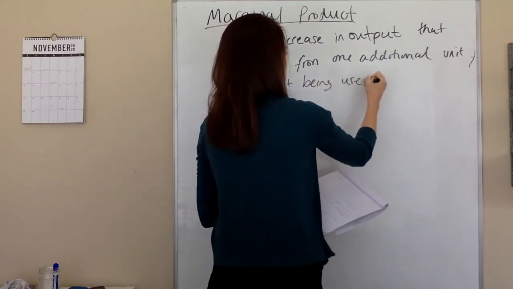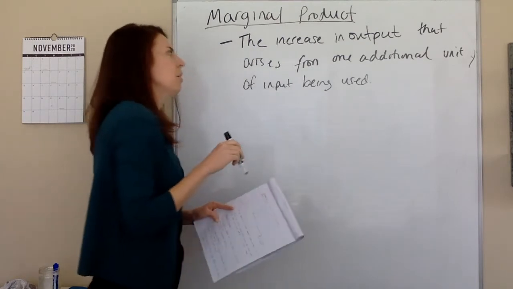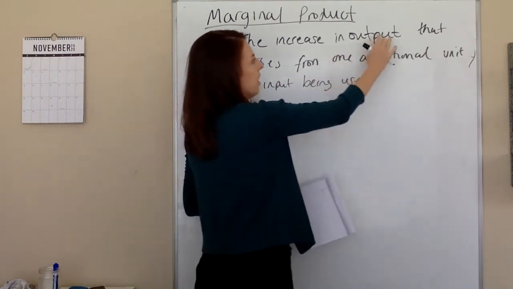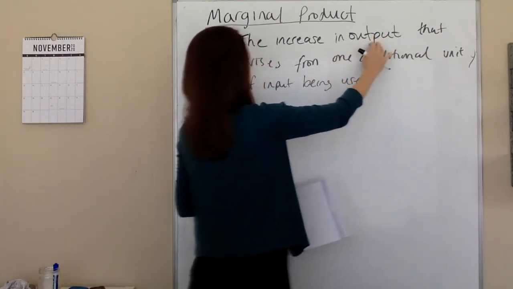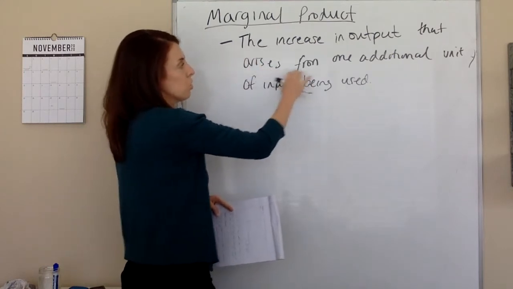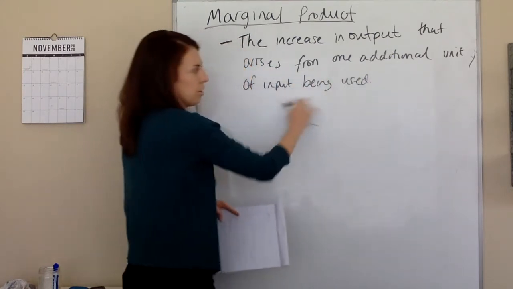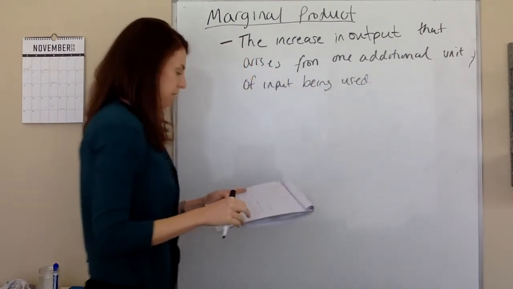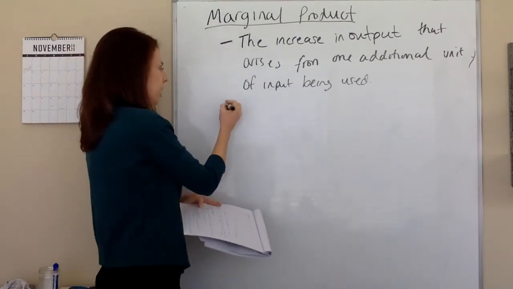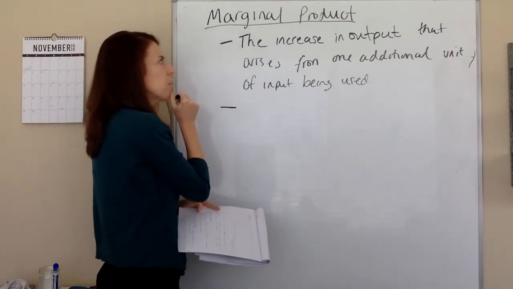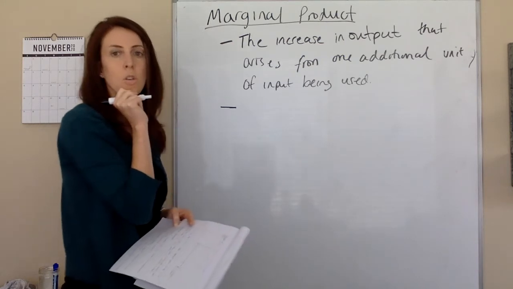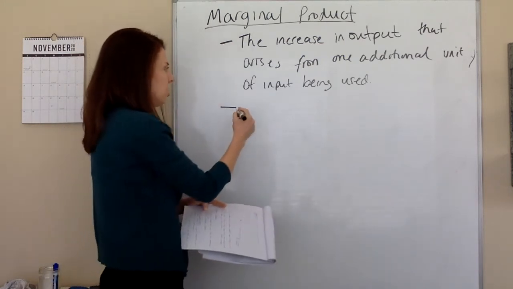In our example, the inputs were workers, so it would be an increase in the number of widgets that are produced, which occurs when there's one additional worker used to make the widgets in the factory. Importantly, the marginal product is equivalent to the slope of the production function.